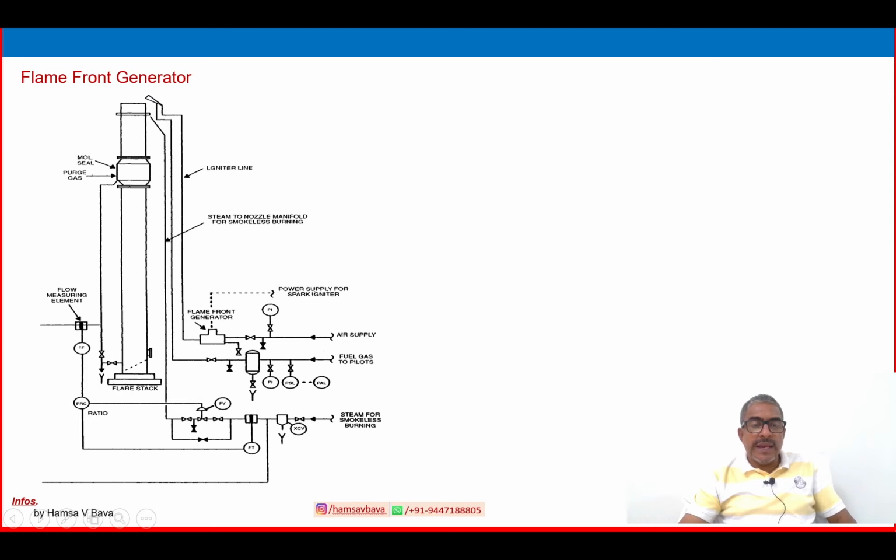We create a combustion mixture of air and hydrocarbon here itself, then fire it from here, and the fire moves as a fireball, going up and maintaining the fire here. That system is a flame front generator.